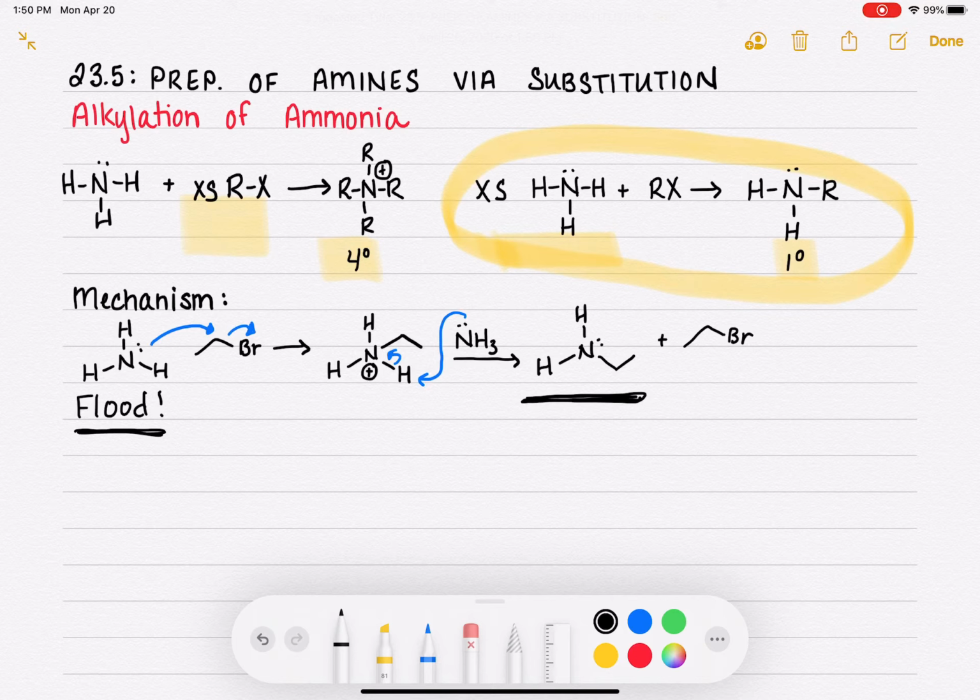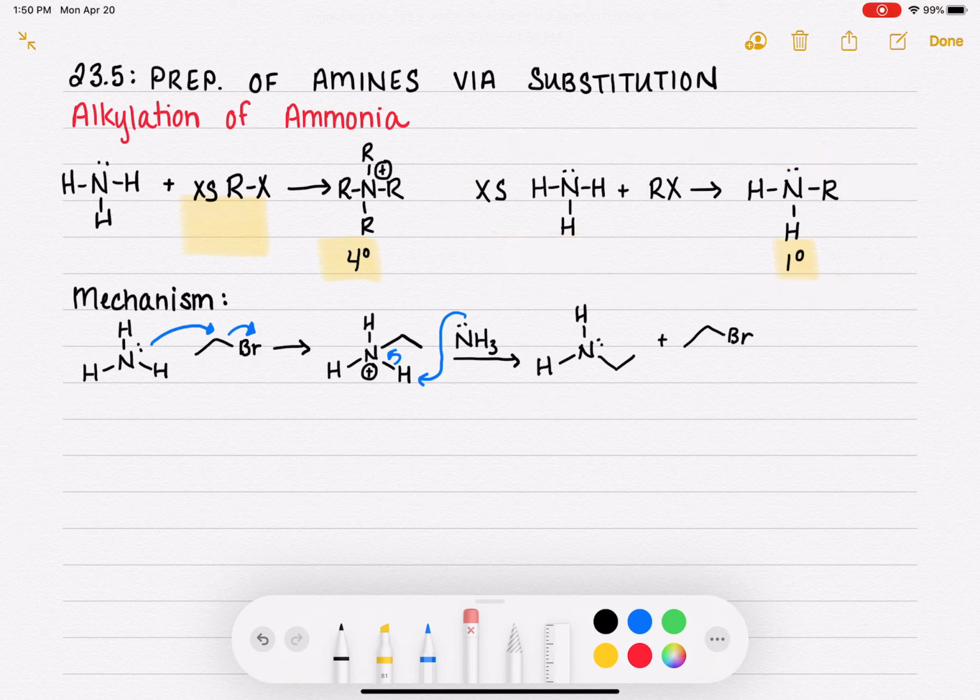It could be anything else. It's going to be running into anything. So by flooding it with NH3, we've minimized the chances of any other reaction taking place. If we are running the reaction under these conditions here where we have excess alkyl halide, in this situation, we have flooded with alkyl halide. And so most of the collisions that occur will be an alkyl halide colliding with anything. And that's how this reaction will continue, like in a second round of alkylation.